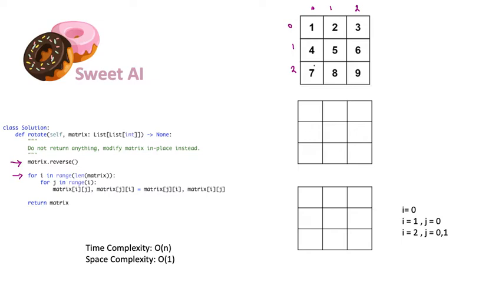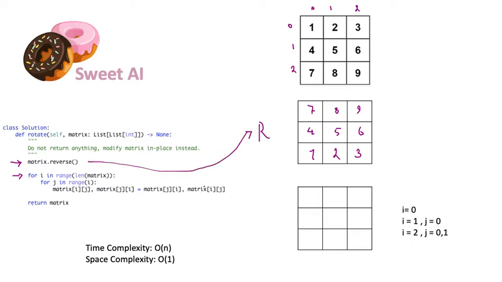Let's do the reverse first. If we reverse this matrix, 7, 8, 9 are going to be here, and then we are going to have 4, 5, 6, and then 1, 2, 3, right? So this is the reverse step that we are going to do.